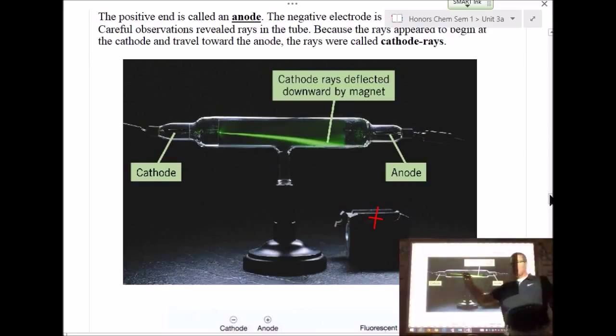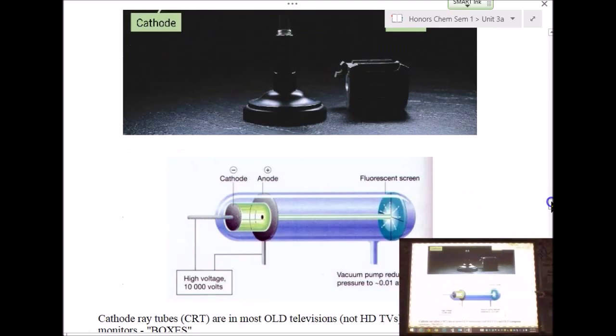But this light did have charge because it was influenced by a magnet. So Thomson proposed that this light was generated by the excitation of, quote-unquote, Dalton's atom. And so there must be something in that atom or on that atom or somewhere around it that was being excited. And so he gets credit for finding the electrons.